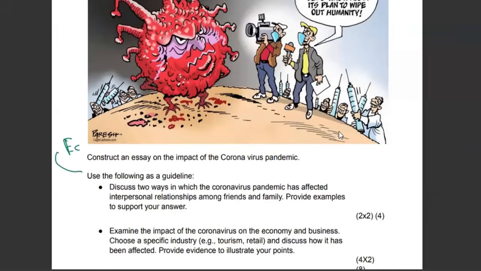So we do have economic contraction. The economy actually contracted. Economic activity actually contracted.